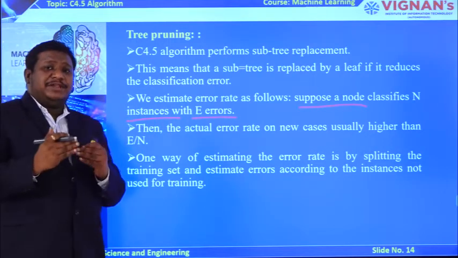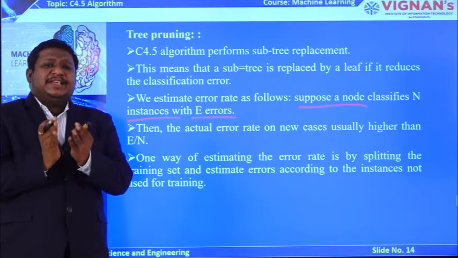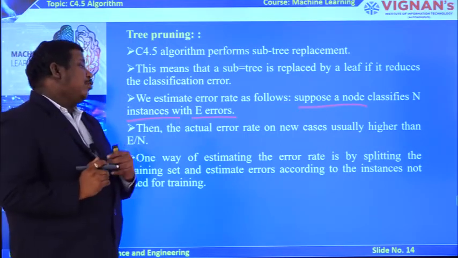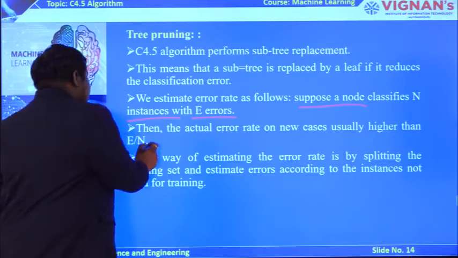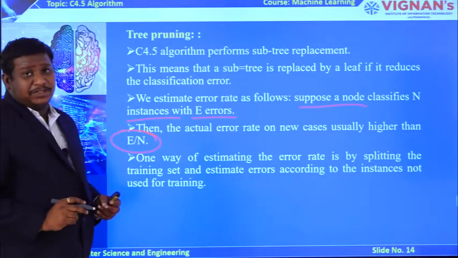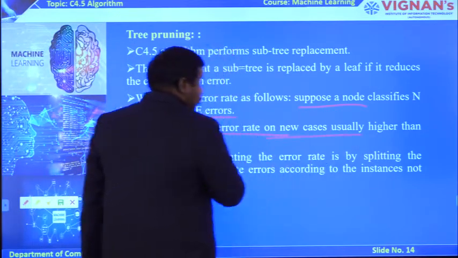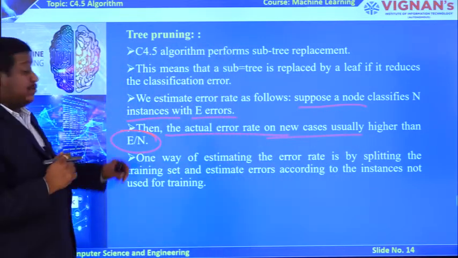Then the actual error rate on new cases will usually be higher than the ratio e by n. This is the logic you want to remember.